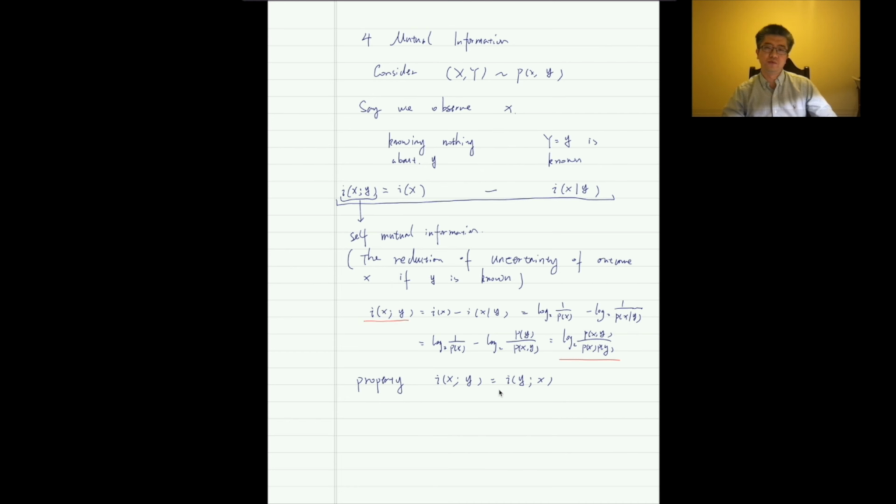It's very easy to prove this is true. Just write down two definitions and you'll see that they will be identical. Okay, very good. We have two random variables now, so we're going to do the average over x and then the average over y and see what happens.